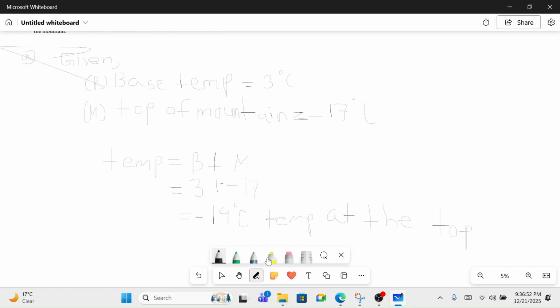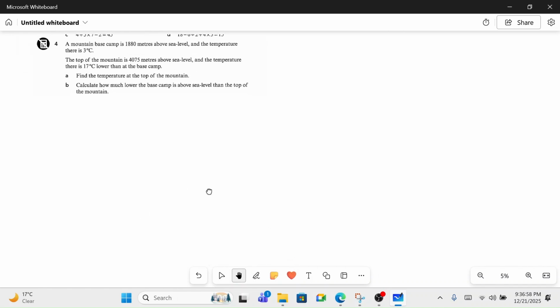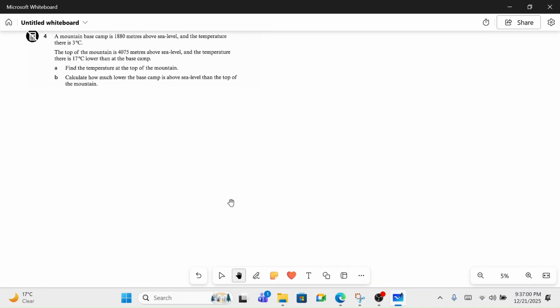Moving on to question number B. What does it say? Calculate how much lower the base camp is. So they're basically asking distance. Again, we can use the same thing. I'm not gonna make it too fancy. We're gonna keep it simple.